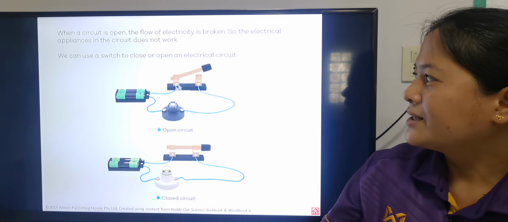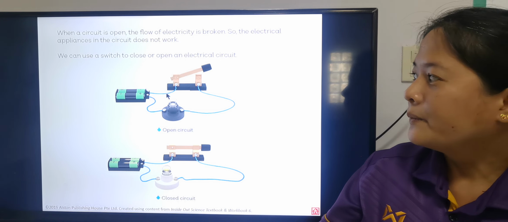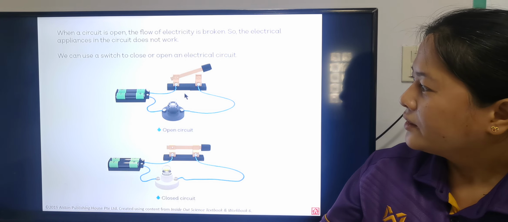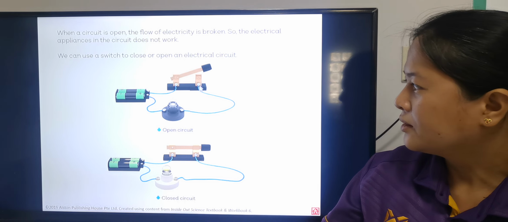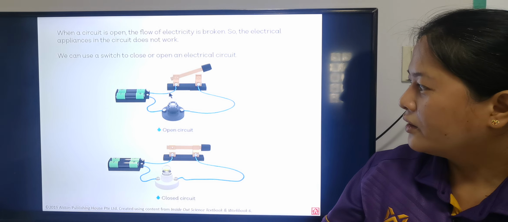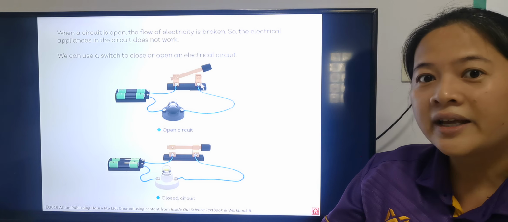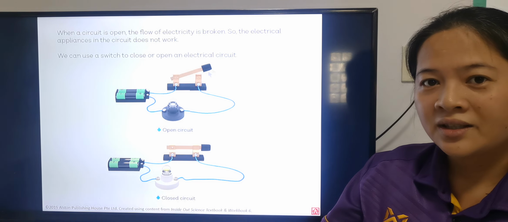So this one is an open electrical circuit or open circuit because it means that the electricity cannot flow through here, okay. So from the battery source, it will go to the connecting wire or electrical wire, but then it cannot go through the other end because this is an open switch.